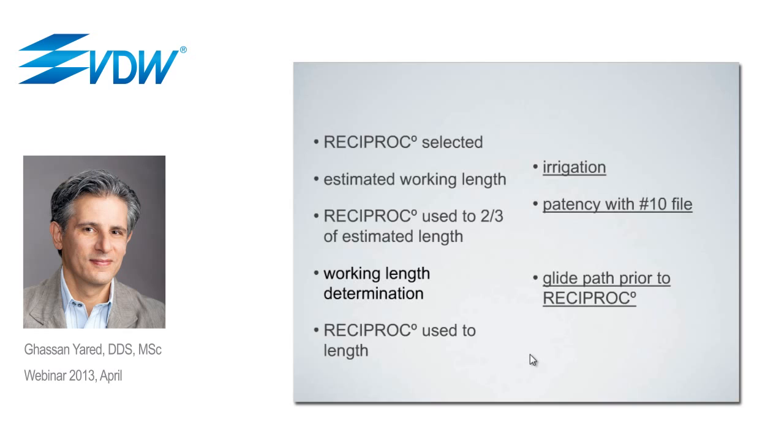However, if the number 8 or 10 file that we are using to determine the working length does not reach the working length unless we pre-curve it at the tip, then we know that the anatomy in the apical third is complex, and this is a case where we will have to create a glide path before using the reciproc instrument.